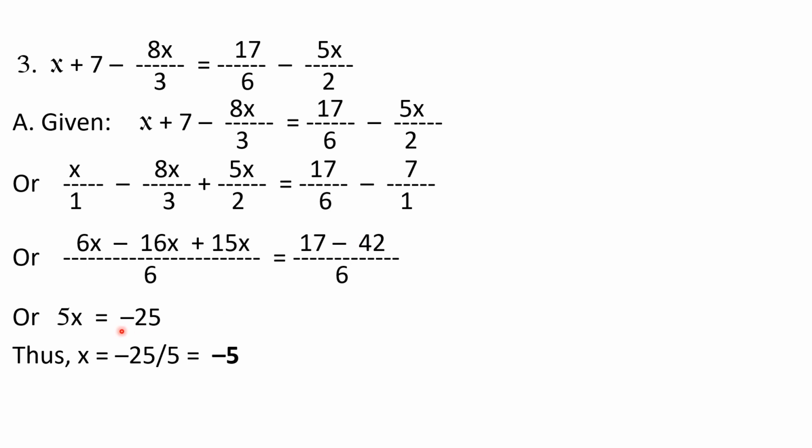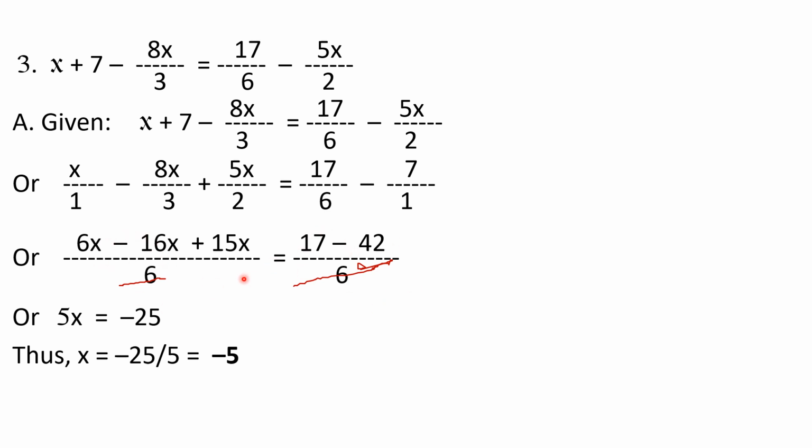is minus 25. 6 and 6 cancel each other out, because there is only one term on the left hand side and only one term on the right hand side. There is no plus or minus in between. So this is one term and this is one term.